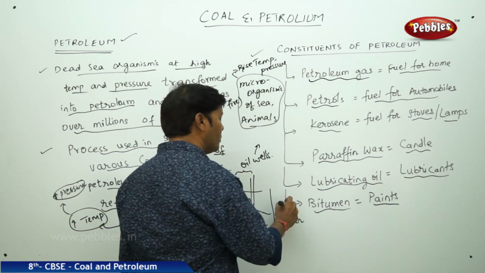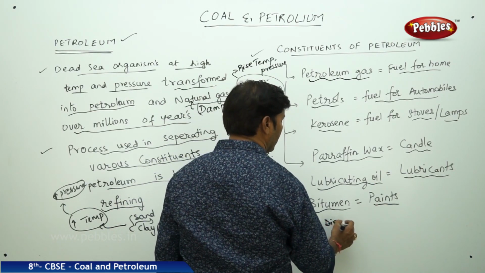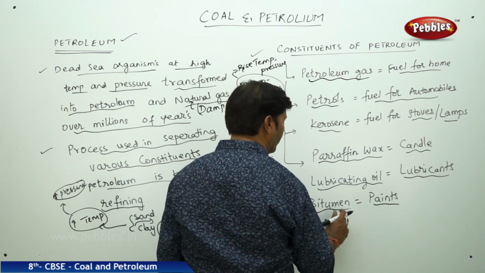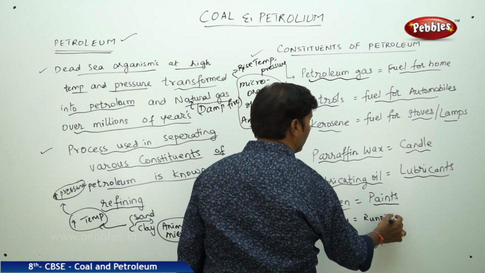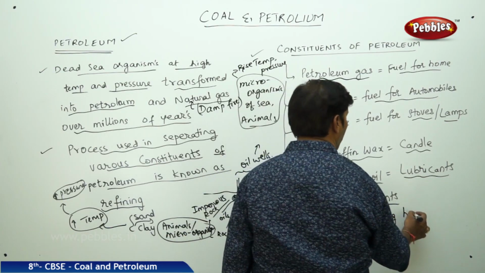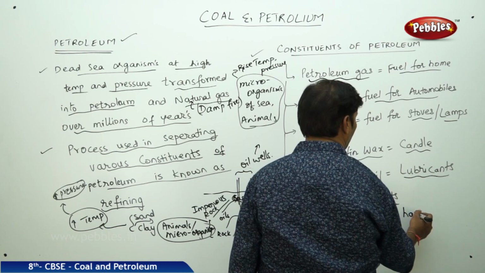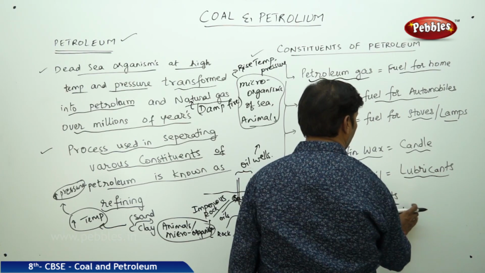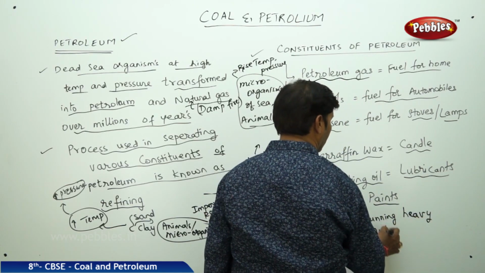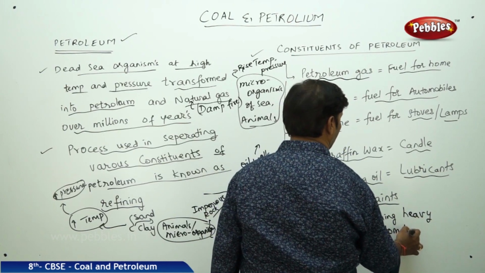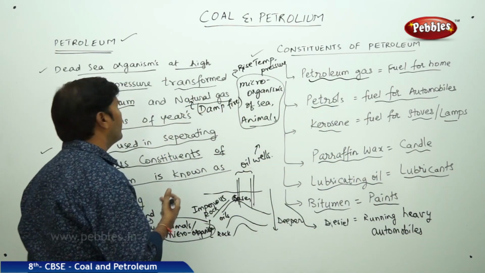And diesel is used for running diesel engines, for running heavy automobiles. So these are various sources of the petroleum.